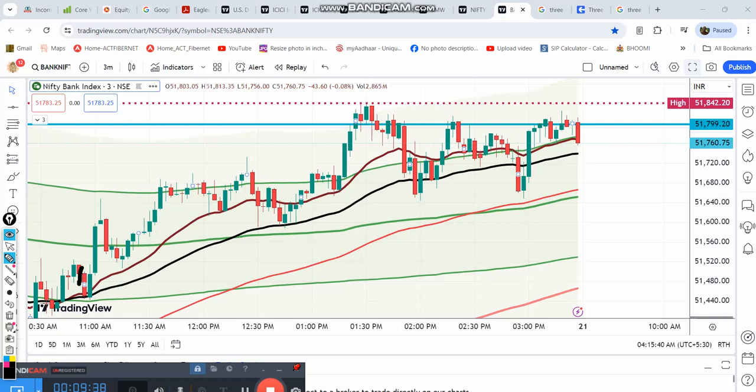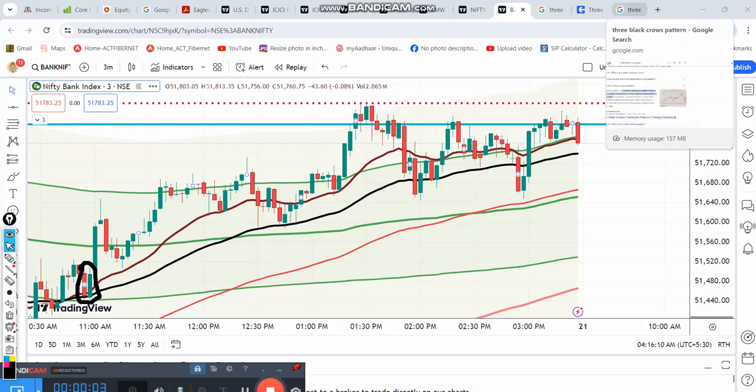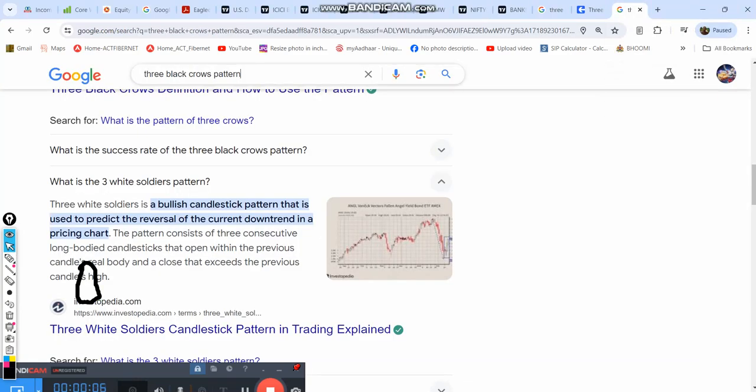Also, if I observe here, this is a tweezer bottom candle. I see that the low of both the candles is the same at this point. So I see that this is a tweezer bottom candle pattern here.